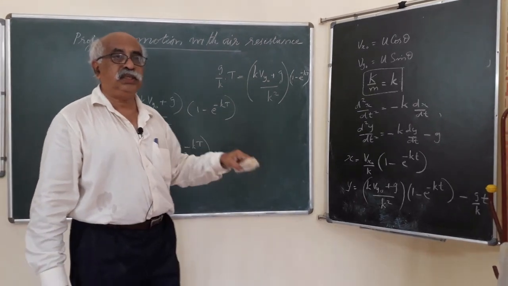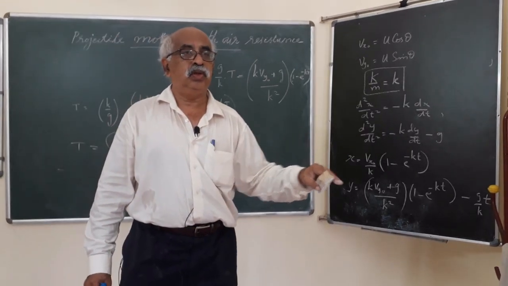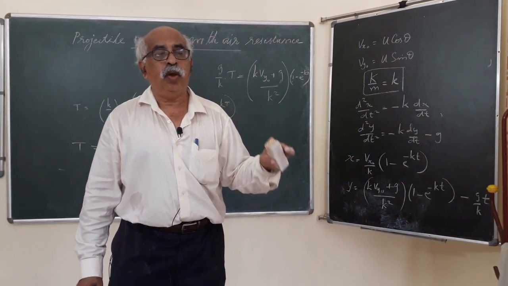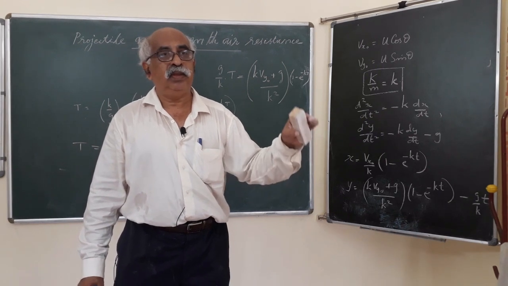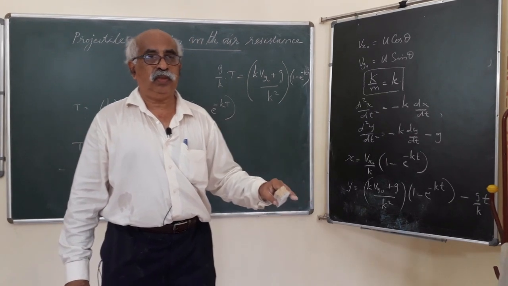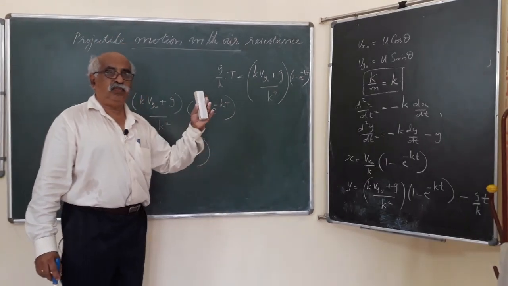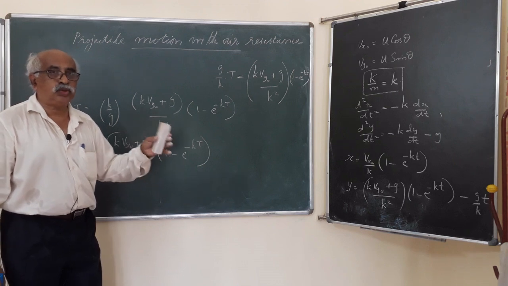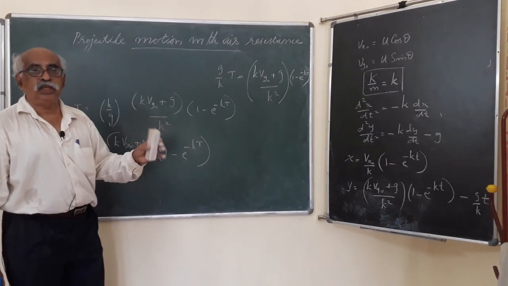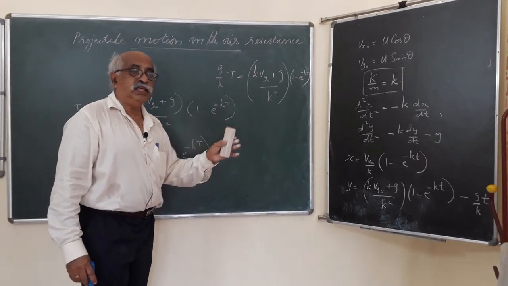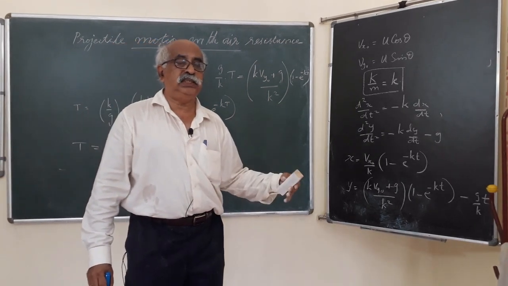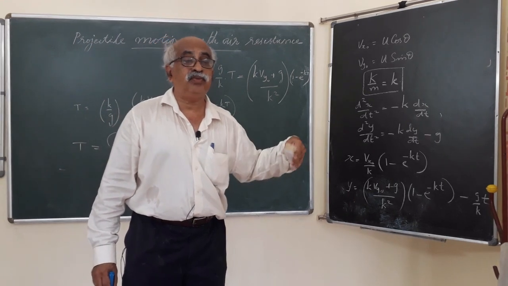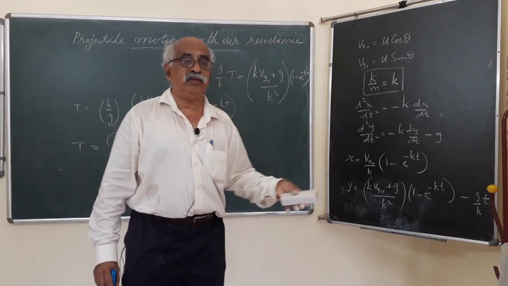In that case, we have written down the force equation, which was m d square x by dt square is equal to minus capital K times dx by dt. For the vertical motion, we have written down the force equation like this: m d square y by dt square is equal to, again, minus K times dy by dt minus m g. Here we have to include the force due to gravity.